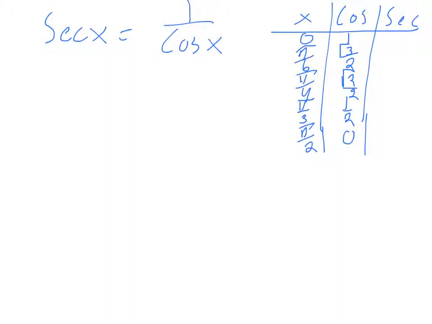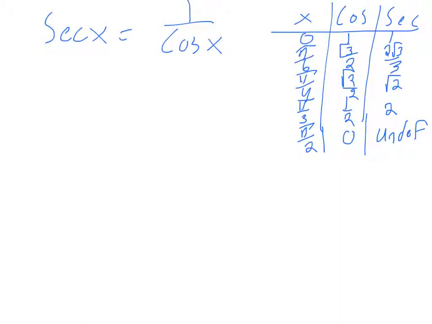So for secant, that means it starts at 1, and then it goes to 2 square root of 3 over 3, and then square root of 2, and then 2. It's just getting larger as we go along here. And then eventually it's undefined. Right, it's undefined at pi over 2 because it's 1 over 0 now.